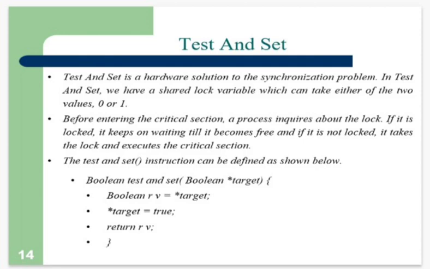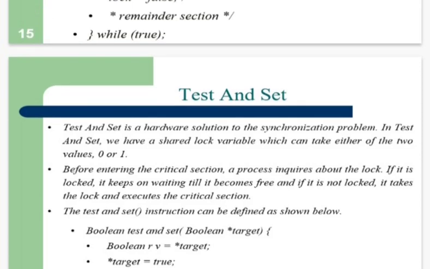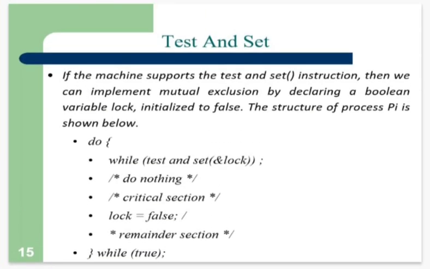So here is how the test and set instruction can be defined. First we take the boolean value, test and set. We set the target, and the boolean value is assigned to the target, and if the target is true, it returns the boolean value. The important characteristic of the instruction is that it is executed atomically.